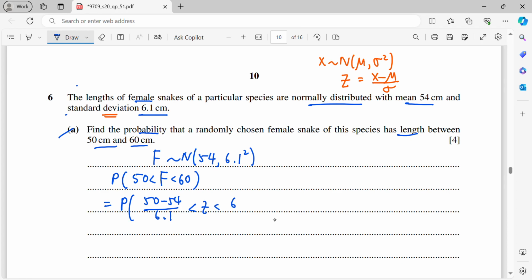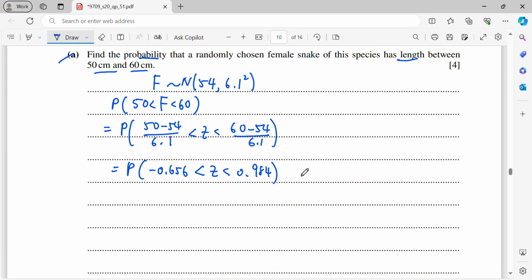And same goes with the other one, 60 minus 54 over 6.1. Then from here, when you calculate the left-hand side of the value, that is going to be negative 0.656. And then the upper value is 0.984.